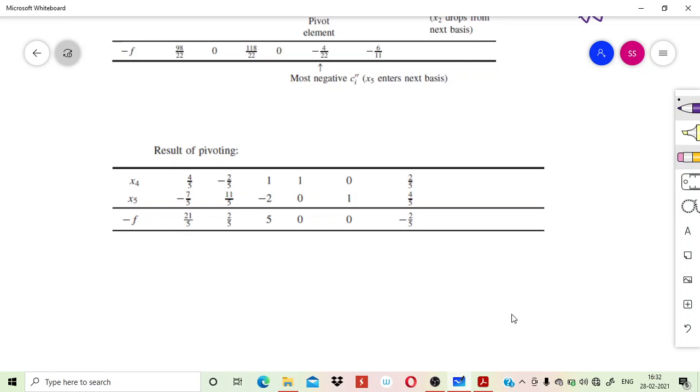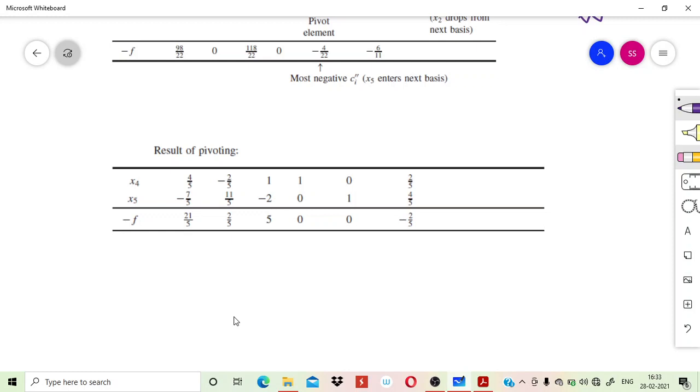So this is the entire row of minus f, with all the columns corresponding to the variables. We got all the values here non-negative, that is, either 0 or positive. So we can stop our iteration here.